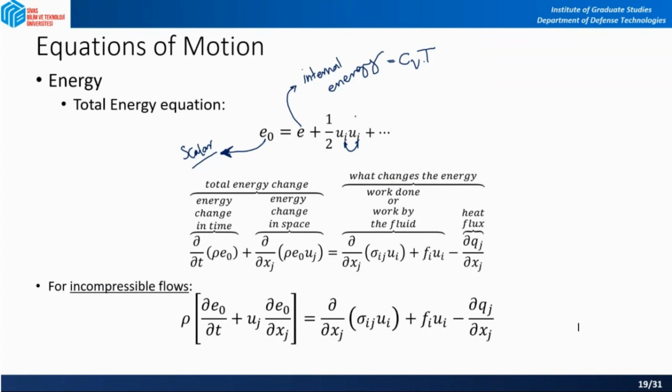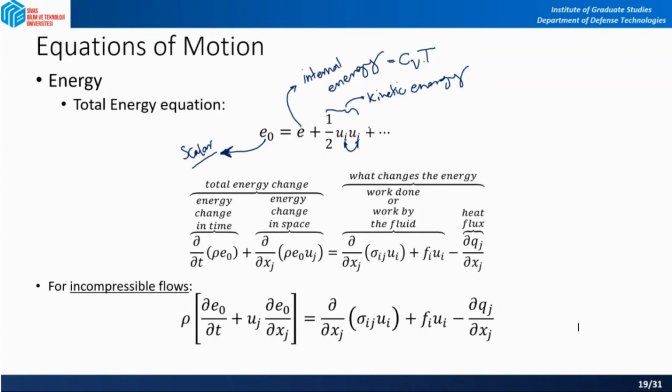So what do we call this? We call this kinetic energy. You remember it from thermodynamics, right? Plus something else. This something else is any other types of energy. It could be a potential energy or whatever. We don't care.